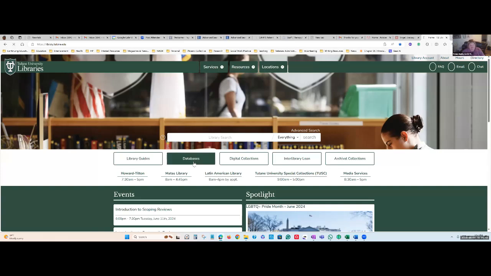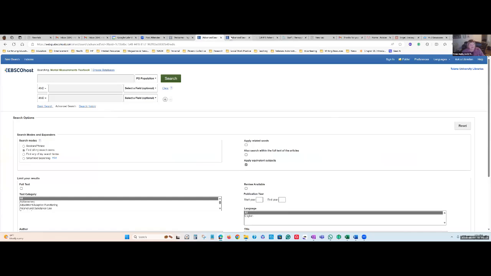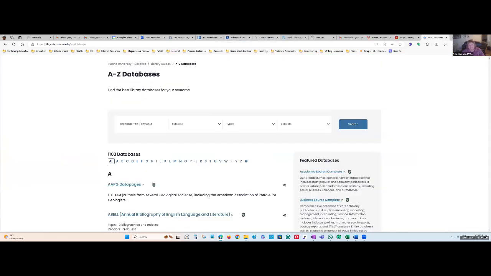So you go to databases, and this one is Mental Measurements Yearbook. You can look under M, or you can enter it in here. Okay, I think I'm getting there.